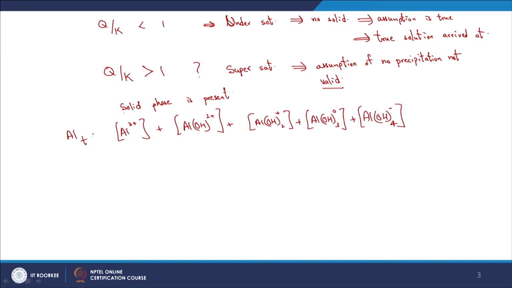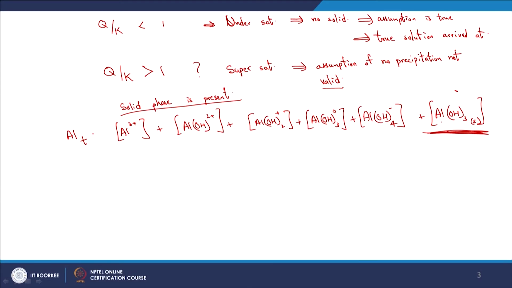But now I know that the solid phase is present, so that needs to be plugged in. Depending upon the type of solid, assume that Al(OH)3 solid is formed. So here we are going to have a new term. Why is that? Because Q by K is greater than 1 based on your earlier assumption, and that means your previous case is not valid anymore. So now you know that a solid will be formed, and thus you have a new term for your concentration of solid.